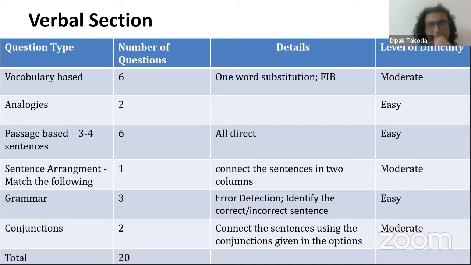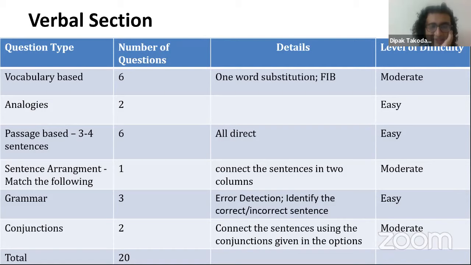You're supposed to connect any 2 of the 4 given sentences using a conjunction that is given in the option. So a surprising factor for us would be the format in which they came up with the sentence arrangement and conjunction questions. So that is what pretty much made the verbal section.